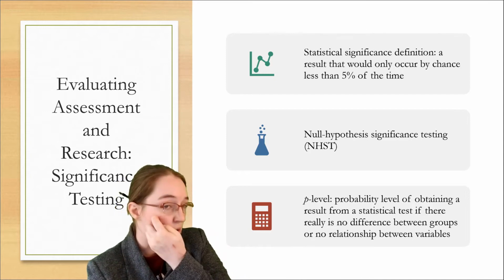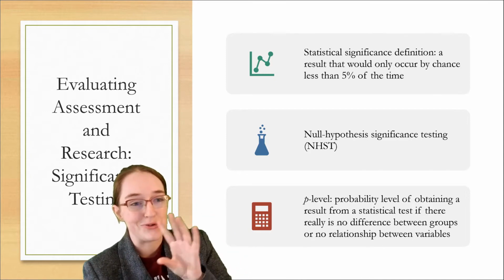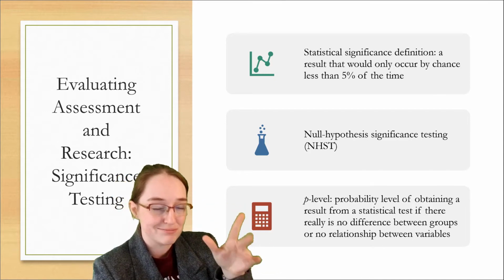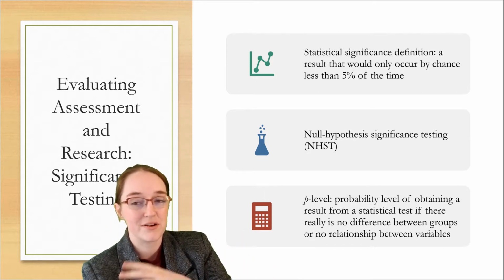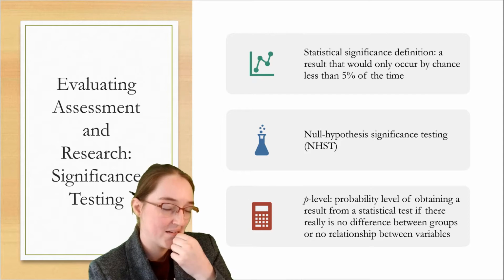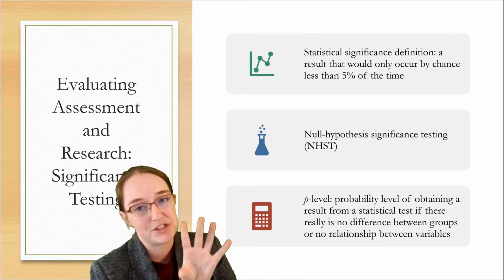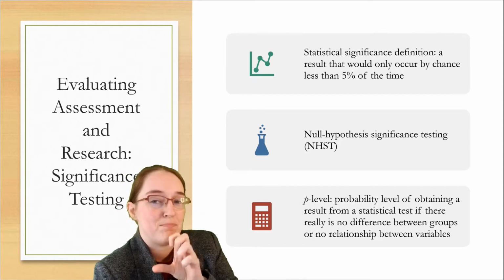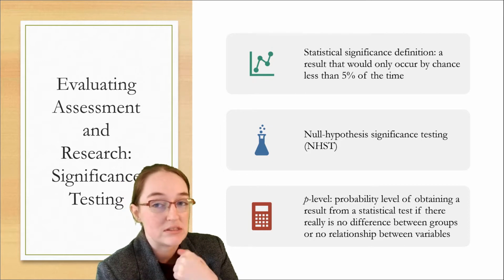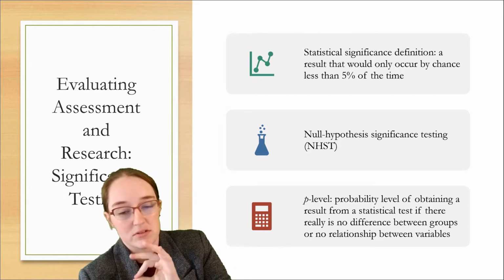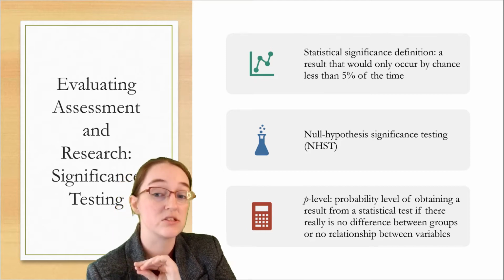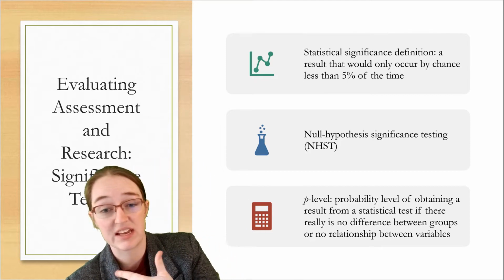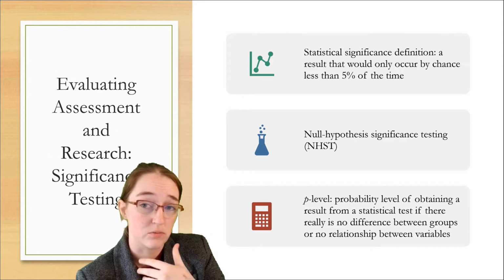So null hypothesis significance testing, NHST, is the traditional method of statistical data analysis. It asks how unusual the statistical result is that we got. The biggest challenge here is how backwards it feels instinctively. What null hypothesis testing does is determine the chance of getting the result that you want.